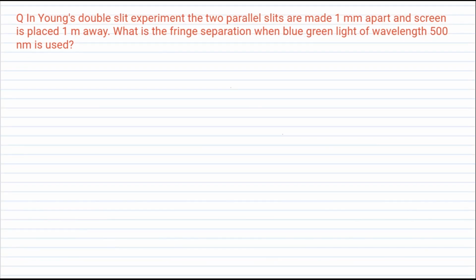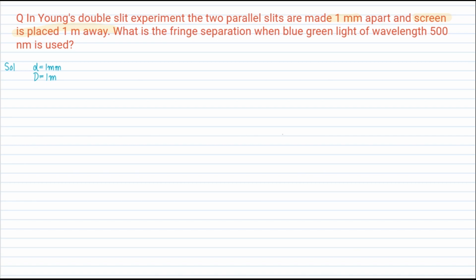So let me highlight the important points. In the Young double slit experiment, the slits are placed 1 millimeter apart. That means your small d equals 1 millimeter. The next thing they have given is that the screen is placed 1 meter away.